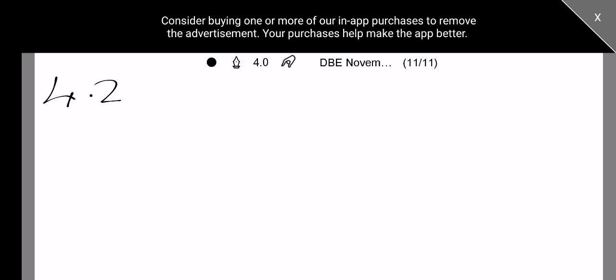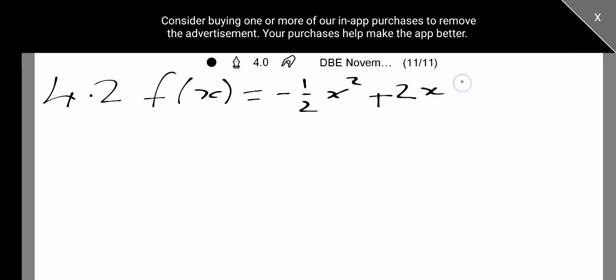Remember, let's just substitute the values of a and b. F of x equals, a was half, x squared, b was 2, so it's plus 2x plus 6.